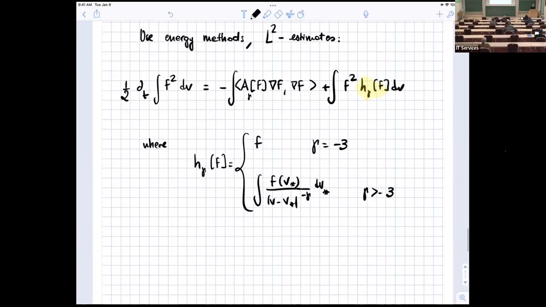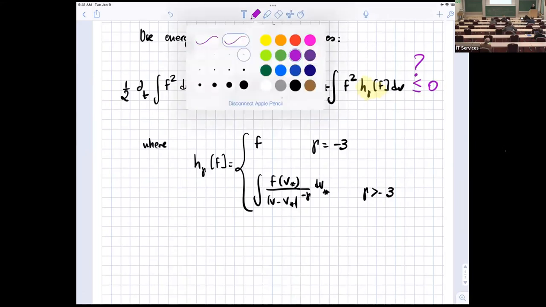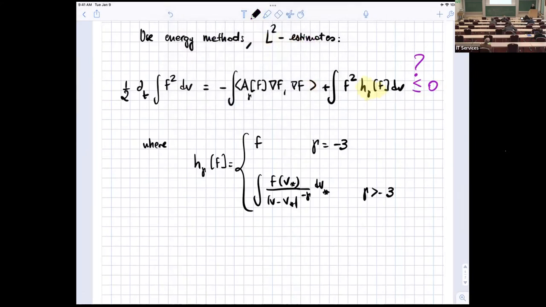So now we have the balance of two terms, the nice one and the polynomial one, which is not very good. So the question is whether this is less than or equal to 0. If it is, we are done, basically, right? And so the question is, do inequalities exist that guarantee this sign?